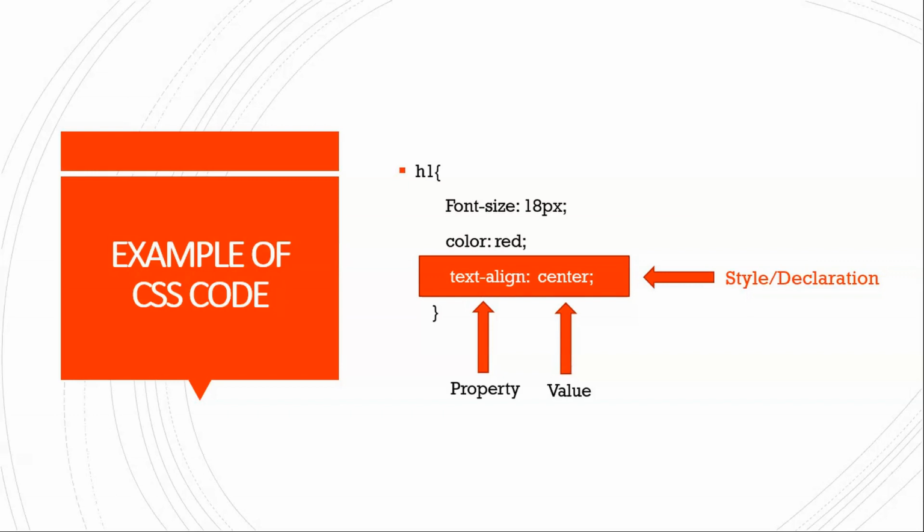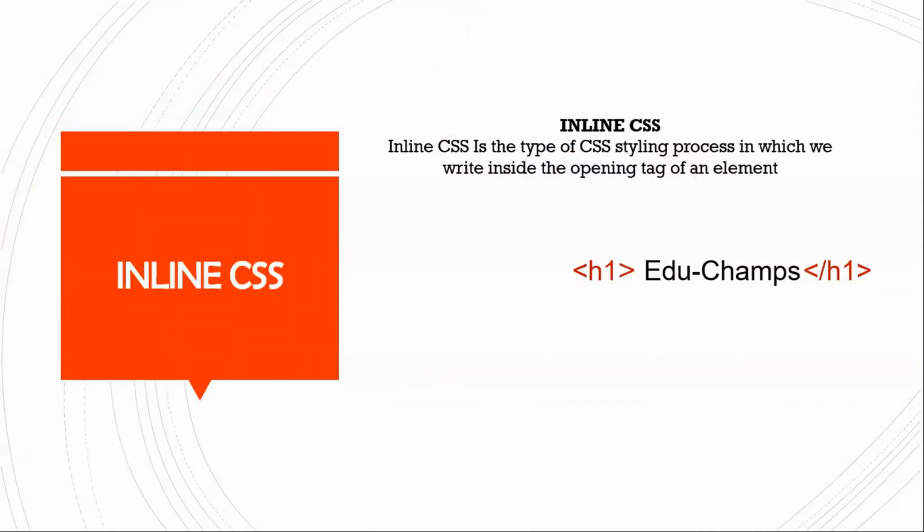Now that we are quite familiar with our CSS, let us look at how the inline styling is done and how it differs from the other types of styling. Inline CSS is a type of CSS styling process in which we write inside the opening tag of an element. For example, we want to style our H1 element displaying the text Edu-Champs with an inline style to make the text appear red.